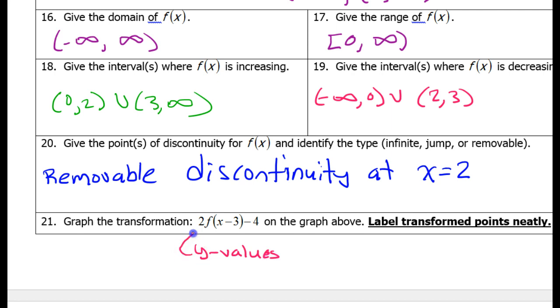The y values are going to be affected by the 2 and by the -4. Anything happening inside the function is going to affect the x values. So the x values are going to be affected by the -3.